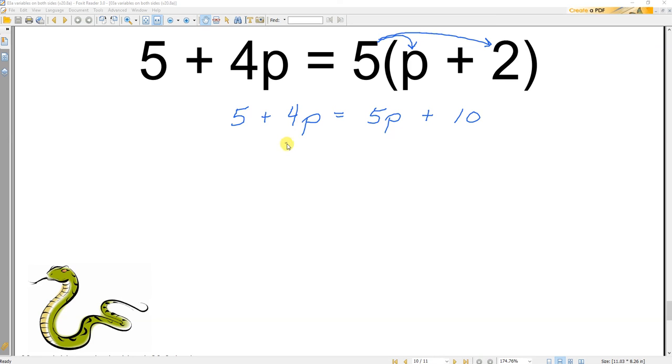I'm going to choose this side because it'll keep my numbers positive. Subtracting 10 from both sides. p equals negative 5.